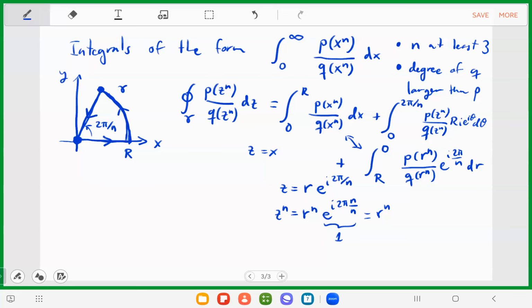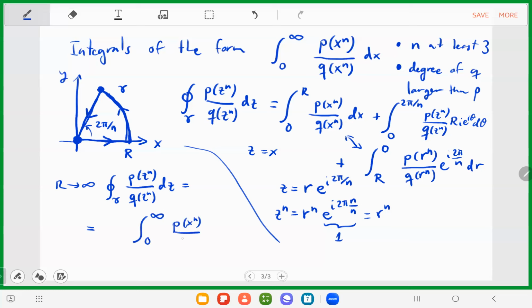So what we see here is that when R goes to infinity, the contour integral on gamma of these will be the integral between 0 and infinity of p(x^n) divided by q(x^n) dx times 1 minus e to the i 2 pi over n.